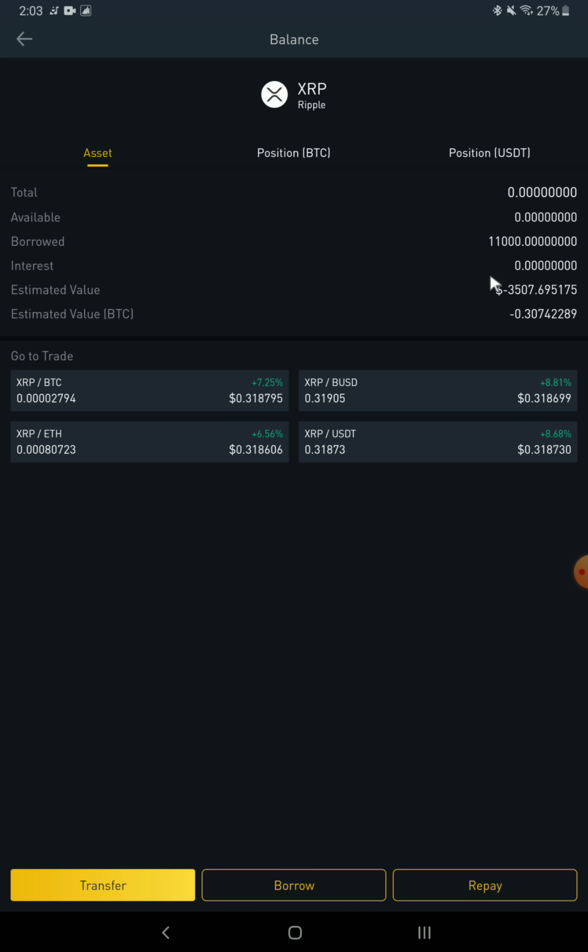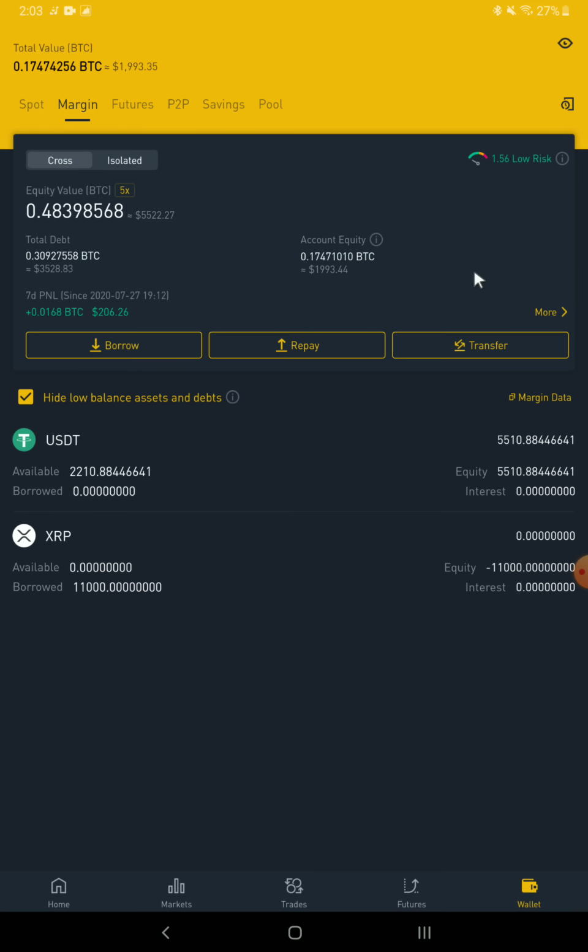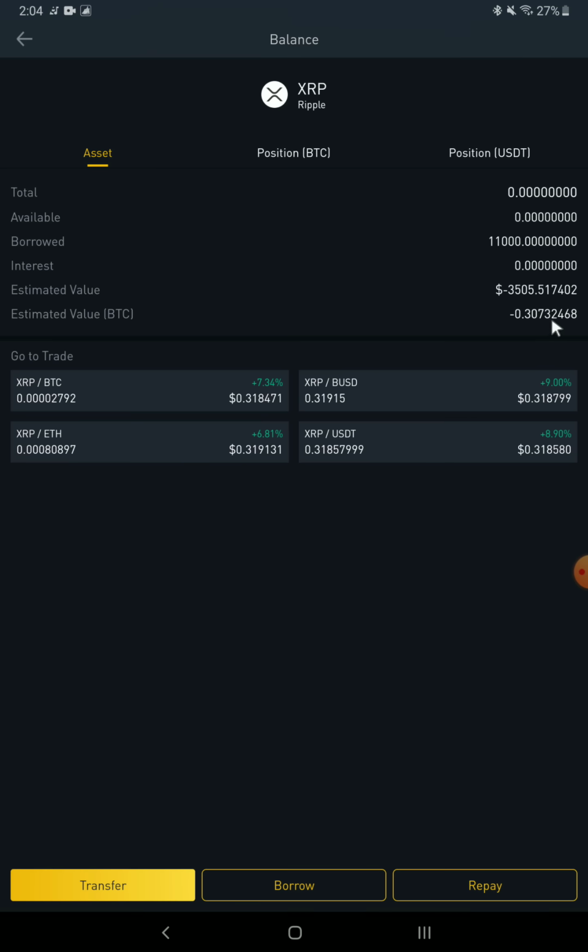Just to give you a quick example, right now my risk is at 1.56. Let's remember this number, 3505.